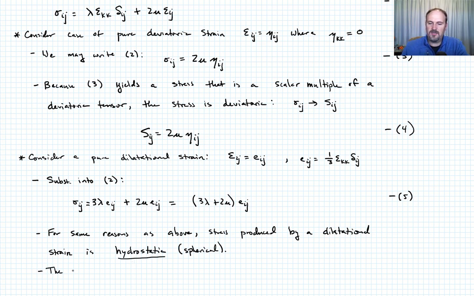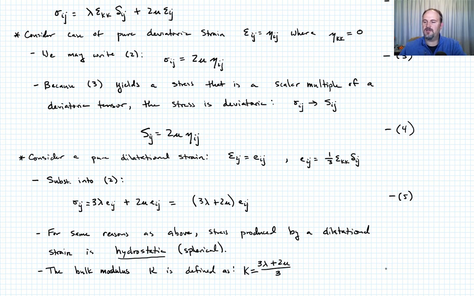Okay, let me introduce a definition. The bulk modulus, which you've probably heard of maybe back from your fluids class. So the bulk modulus, K, is defined as follows. This is in terms of Lamé coefficients. It's defined as 3 lambda plus 2 mu divided by 3.